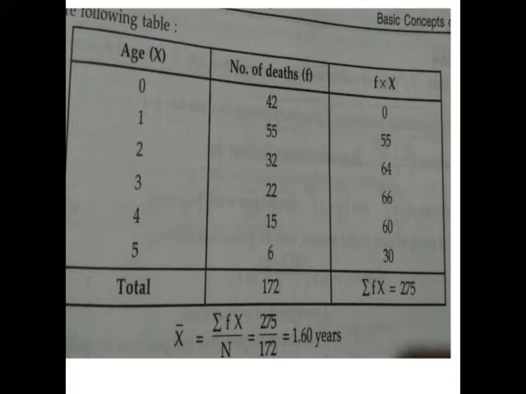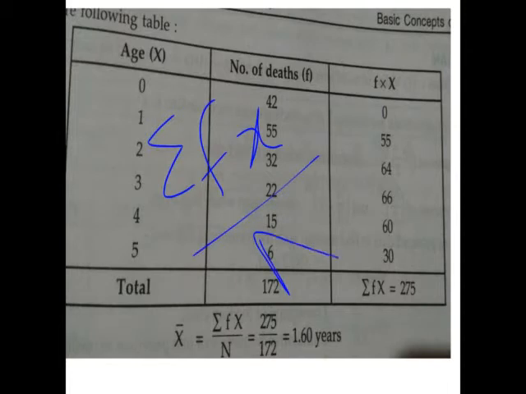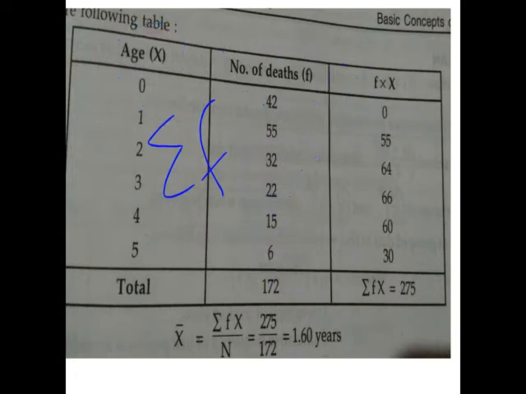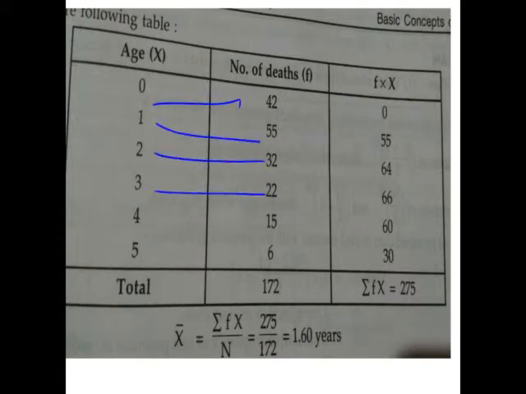Then in the case of data with a frequency table, we have to use the formula sigma fx divided by n. Here f means frequency and x means the age. If we multiply them, it becomes fx. We multiplied x into f like this and got these values.